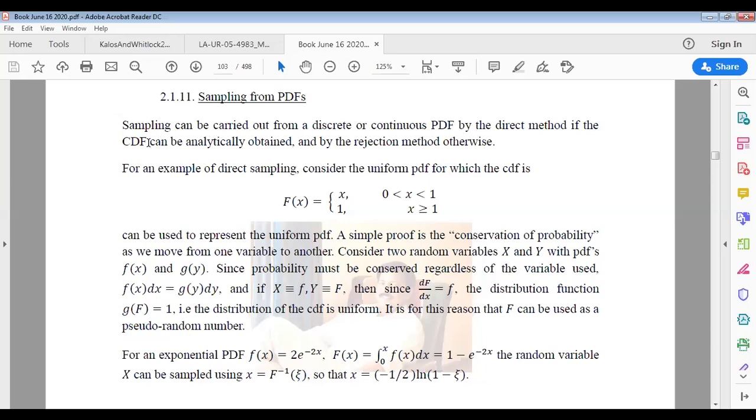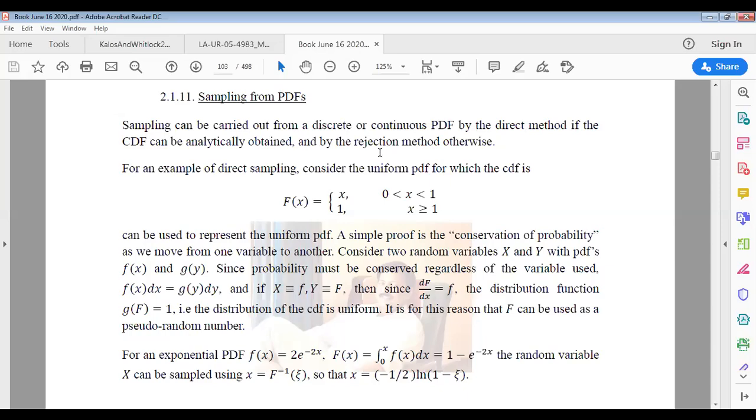Sampling is vital to everything we're going to do, because step 1 is to be able to get a sample. Sampling can be carried out from either a discrete PDF or a continuous PDF. You could do it by the direct method if you can integrate the PDF and get the CDF.